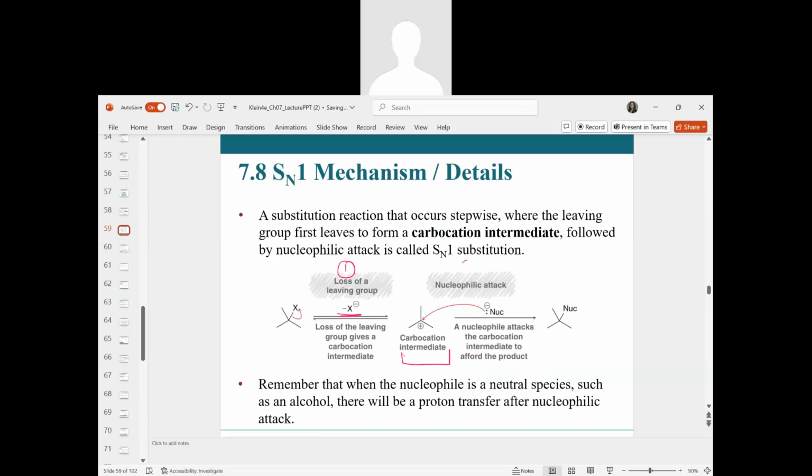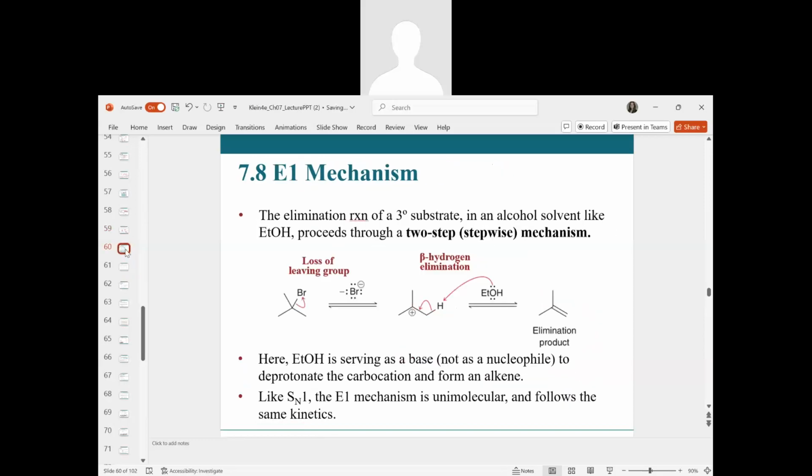In step 2, we have our nucleophilic attack. And we're told to remember that when the nucleophile is neutral, like an alcohol or water molecule, there will also be a proton transfer after the nucleophilic attack, so step 2B, if you will. Then we have our final product, where that halogen, or leaving group in general, was. Now we have our nucleophile.